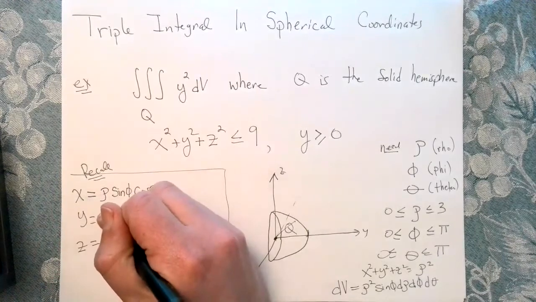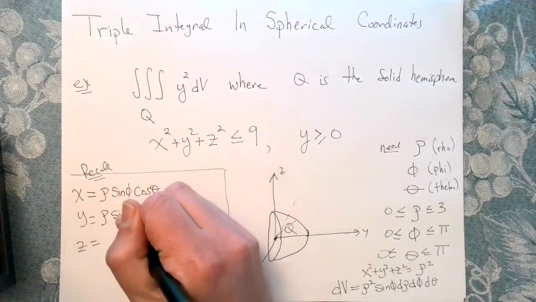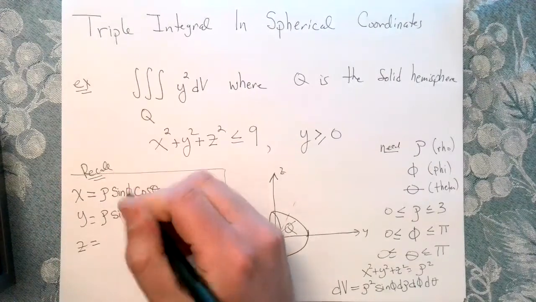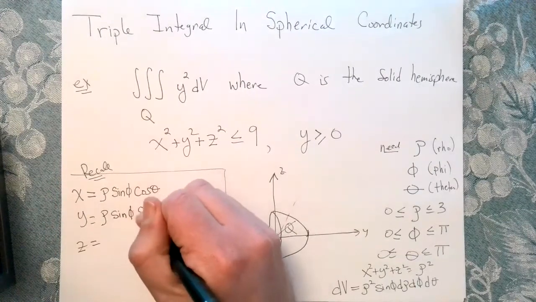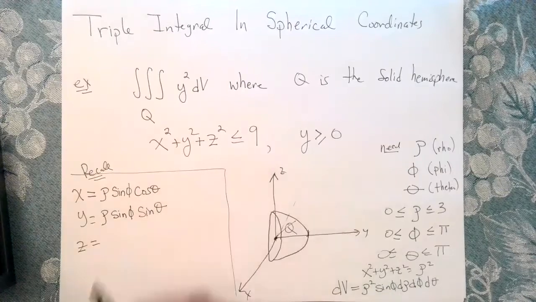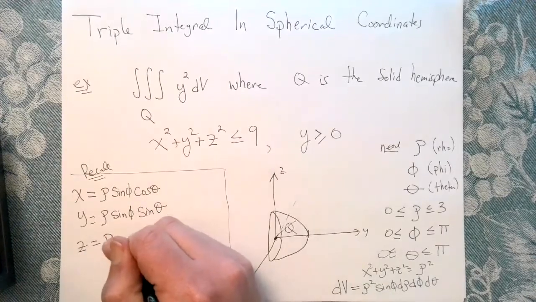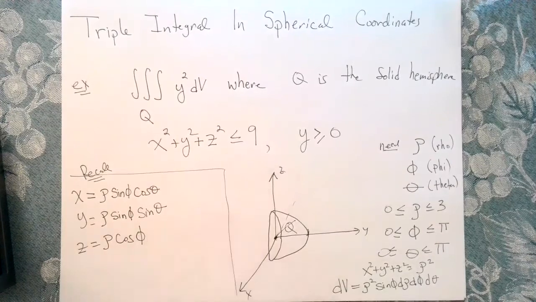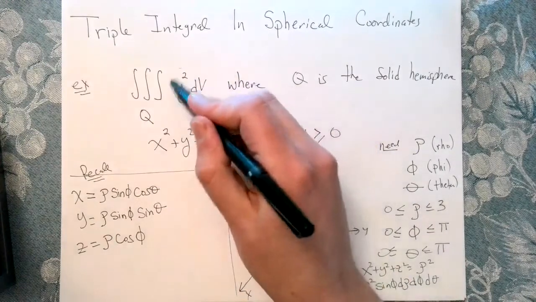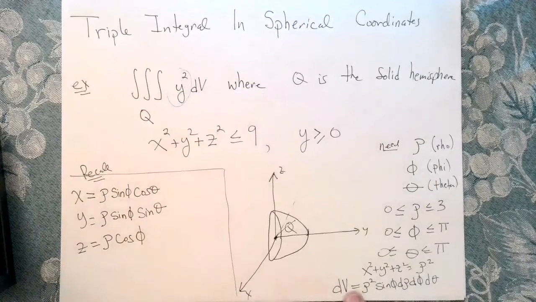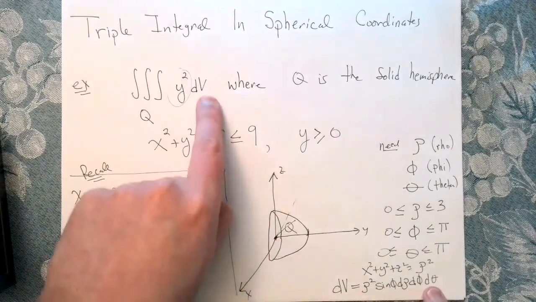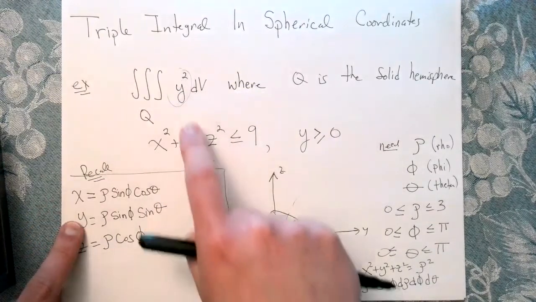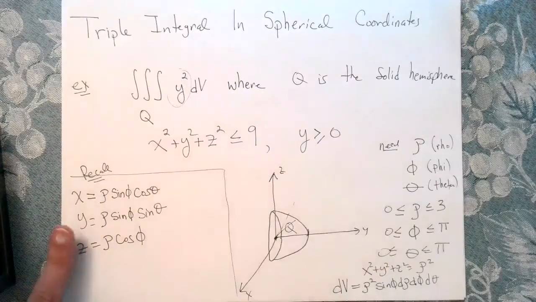Now y is equal to rho sine of phi sine of theta, and then z is equal to rho cosine of phi. So keep that in mind because we're going to need y squared here. So we've got dV here, that'll take care of this, and then y squared will go here.